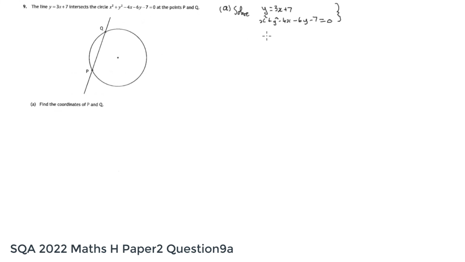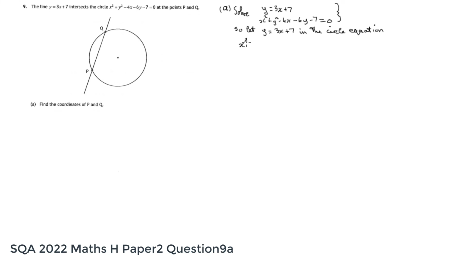So what we would do is we'll let y equals 3x plus 7 in the circle equation. So we'll replace y by 3x plus 7 into the circle equation. And that gets rid of y in it and leaves us with only one variable in an equation, which we're then able to solve. So let's continue with this.